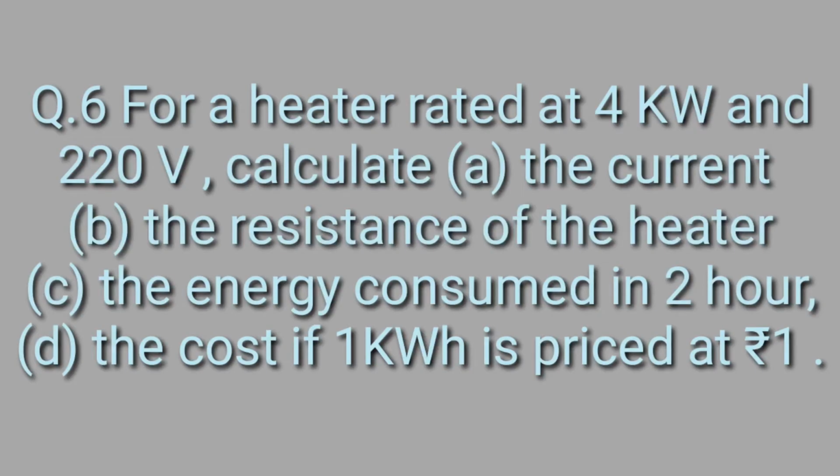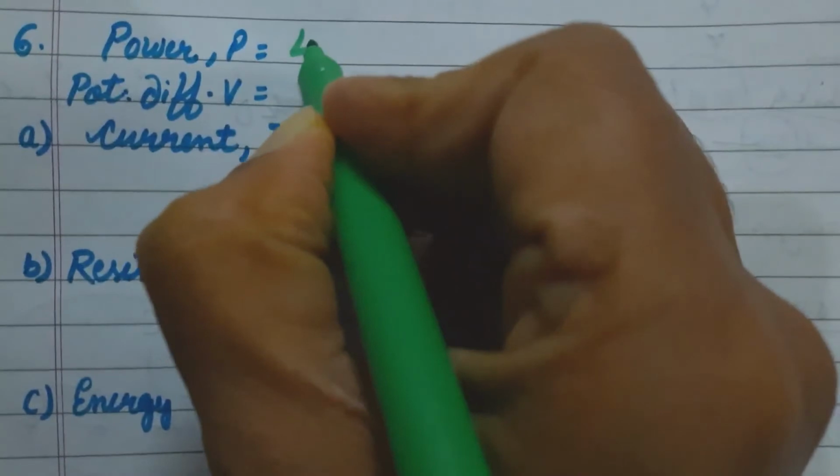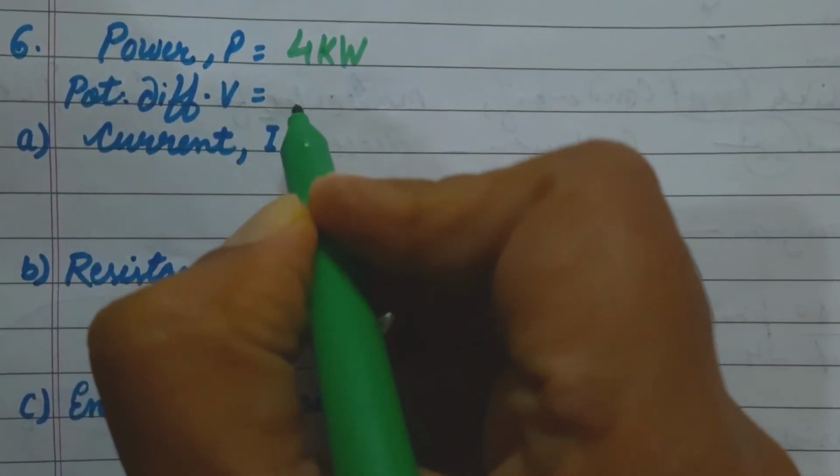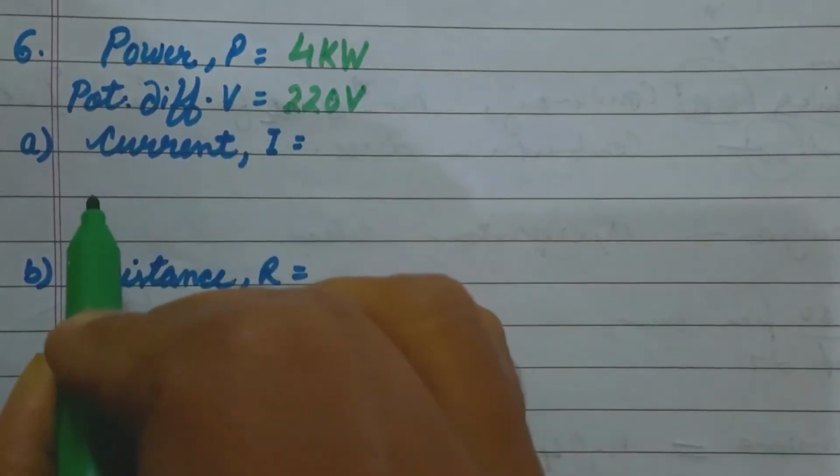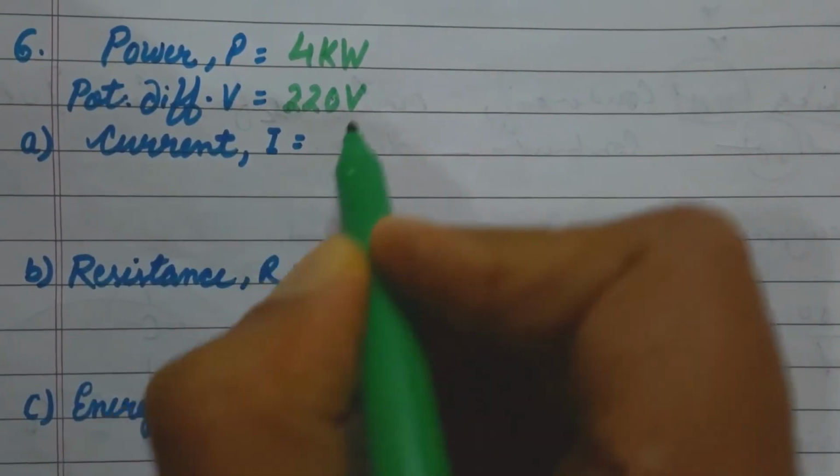Question 6. For a heater rated at 4 kilowatt and 220 volt, calculate: A part, current; B part, resistance of heater; C part, energy consumed in 2 hours; D part, cost if 1 kilowatt hour is priced at rupees 1. Power is 4 kilowatt, potential difference is 220 volt. A part, we have to calculate current.